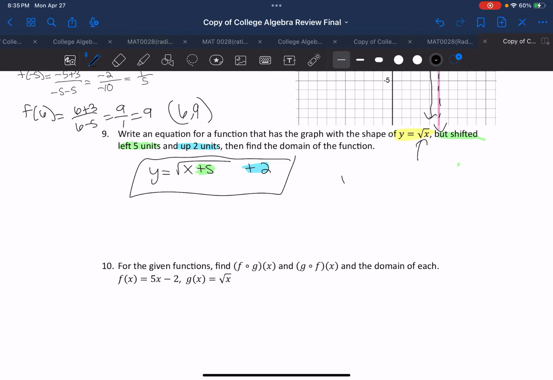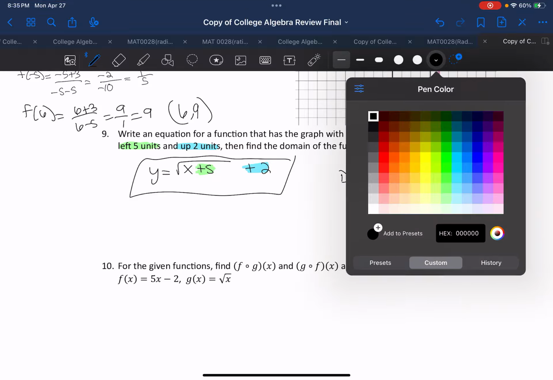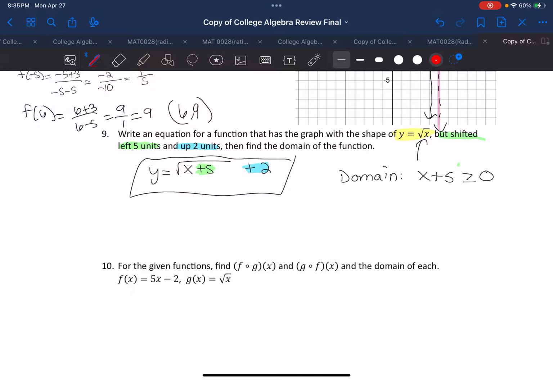So to find the domain, I need to set x plus 5, which is the expression under the radical, greater than or equal to 0, because it needs to be greater than or equal to 0. It can't be negative. It can be 0, but it can't be negative.